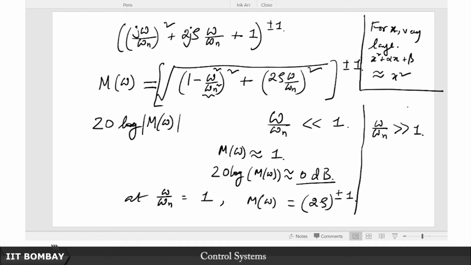And even if alpha is very large, you can always find a particular range of x. So if alpha is of the order of 10 to the power 12 or 10 to the power 6 as well, then consider x to be of the order of 10 to the power 40, for example. Then x squared is of the order 10 to the power 80, and even if alpha is of the order of 10 to the power 6, alpha x is of the order of 10 to the power 46.